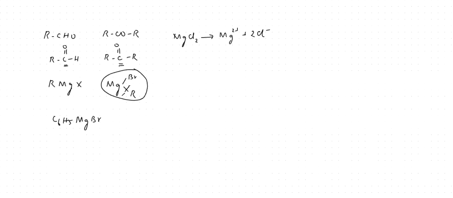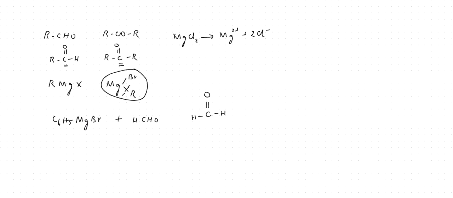If this reacts with formaldehyde, HCHO, what happens now? The formaldehyde structure is this: C double bond O, and H is here and H is here. Now, in this phenyl magnesium bromide, the phenyl group is detached.